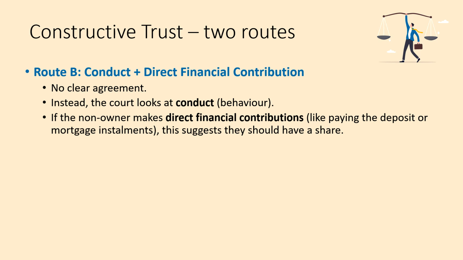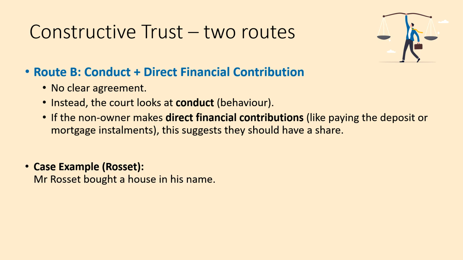So if the person who doesn't own the property and whose name isn't on the legal title still makes some kind of other direct financial contributions, like mortgage installments and so on, this would normally suggest that they have a share.